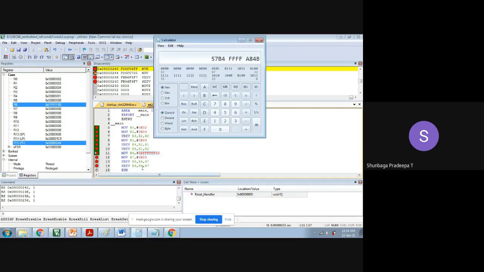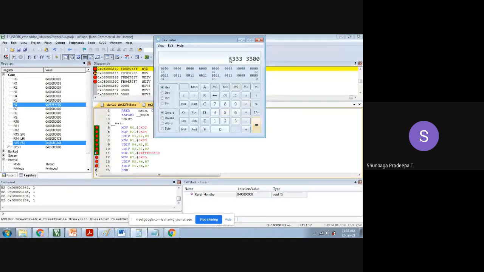If it is a signed division, then it will be taken as a negative number. So R6 is loaded with FF00 and R7 is loaded with 5. So we are dividing this by 5.